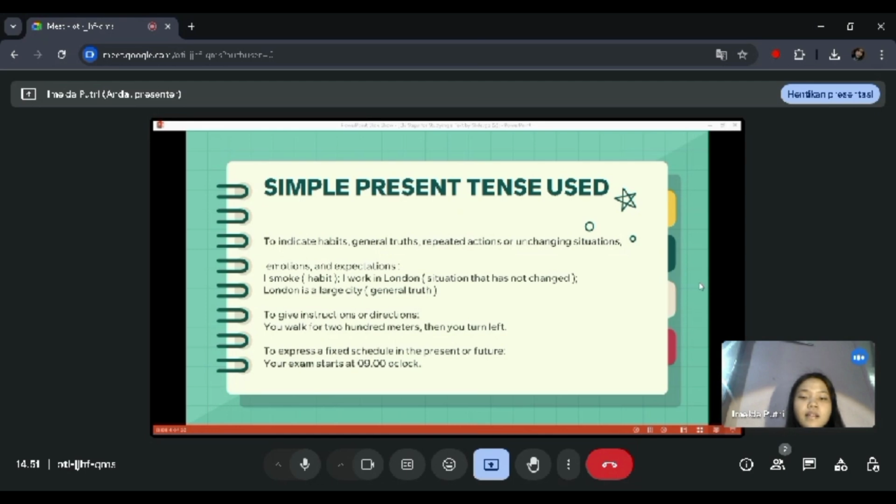London is a large city is a general truth. To give instructions or directions: you walk for 200 meters, then you turn left. To express a fixed schedule in the present or future, for example: your exam starts at 9 o'clock.